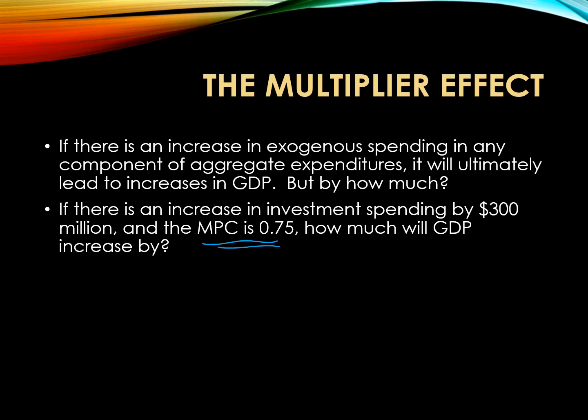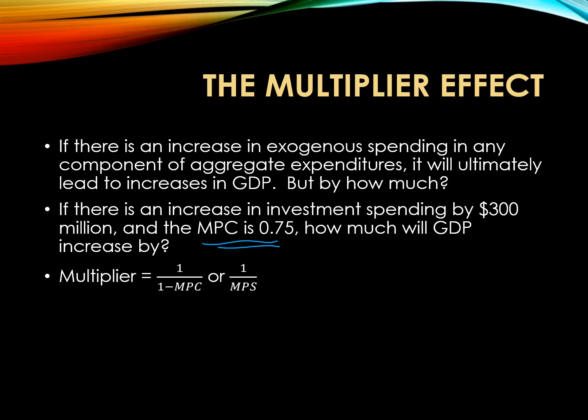But if we spend more than 0, then that means that on top of that initial $300 million that we're going to receive, we're going to spend a certain amount of that again, and then again, and then again, until all $300 million eventually are saved somewhere under mattresses, in Bitcoin, in banks, wherever it ends up.